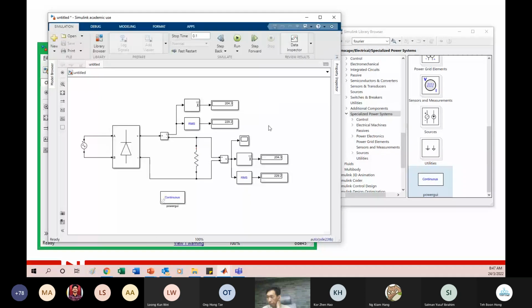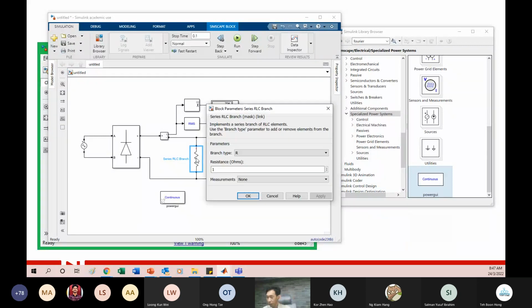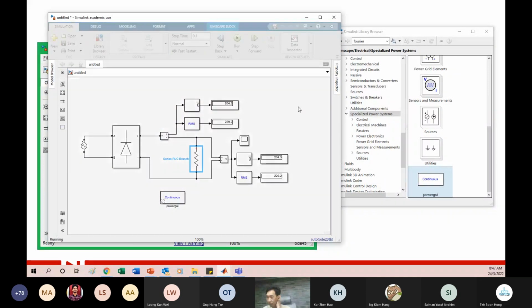So there will be the voltage and current. It is the same because this is 1 ohm. Of course, if you put 10 ohm, then you will just move 1 decimal away.